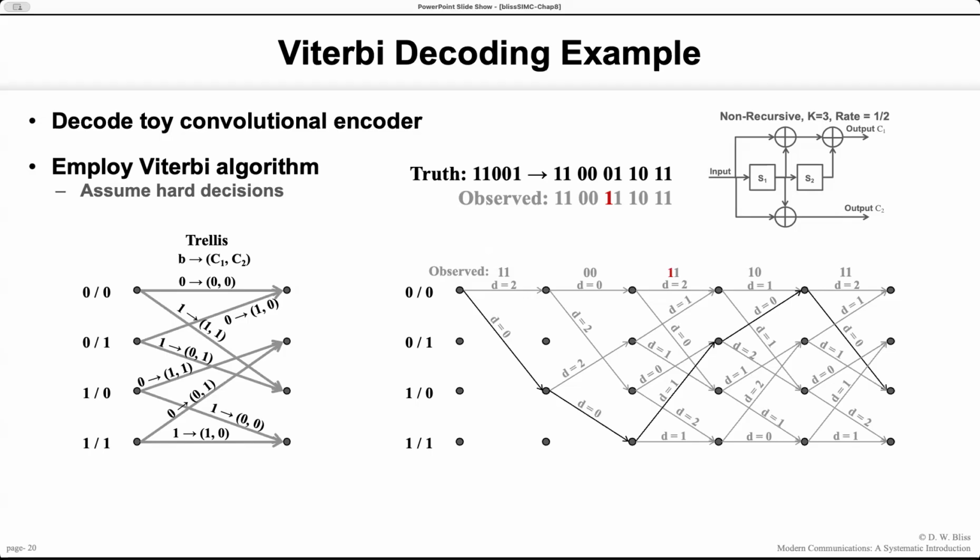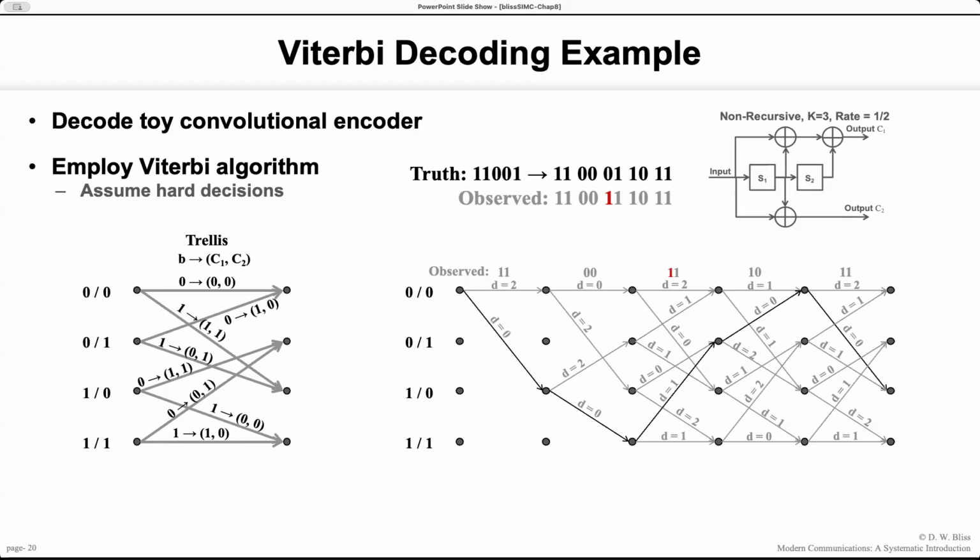And that should be a 0, 1 output, but we observed a 1, 1 output, so the Hamming distance is 1. So knowing everything, that's the wrong Hamming distance, but the receiver doesn't know it, right? That should have been the correct path, but the receiver doesn't know it.